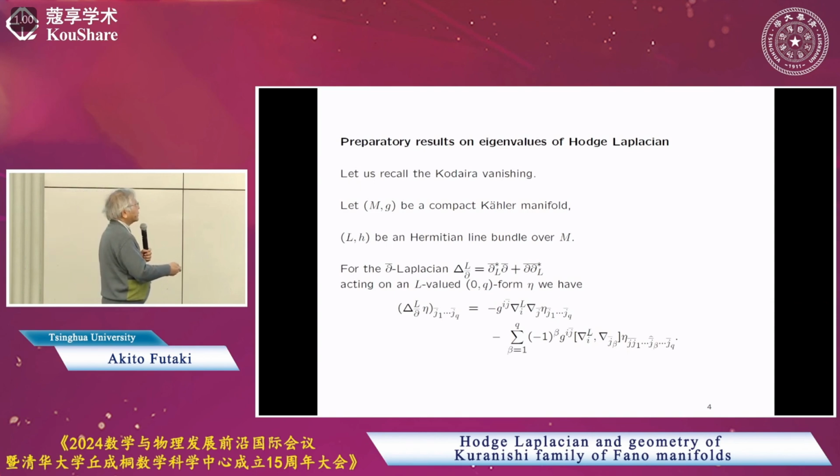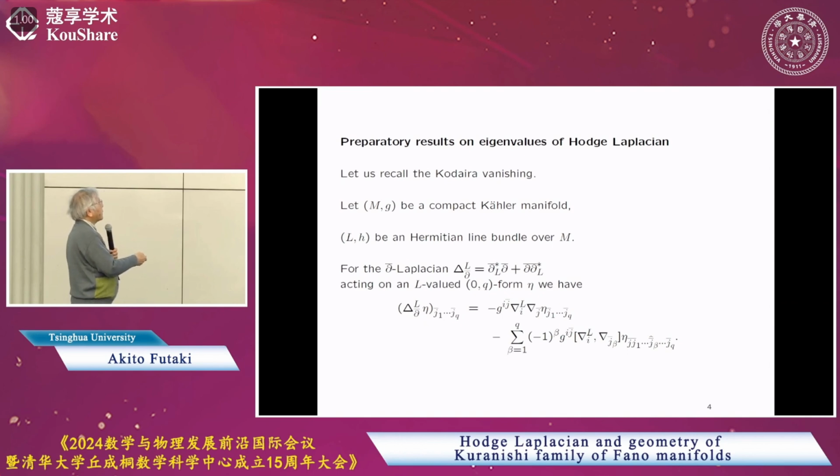So this is the Laplacian part, and this is the commutator with the derivative. The d-bar operator is the usual d-bar because L is a line bundle, and this is the connection coming from h. And then the commutator is the curvature.